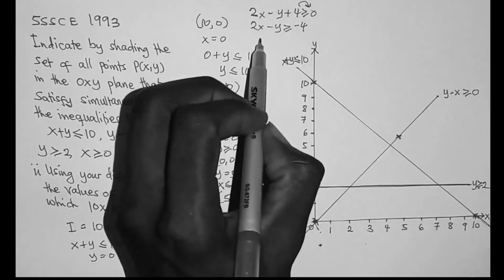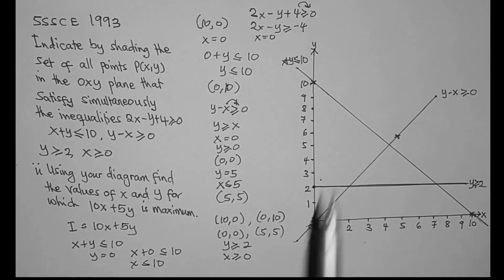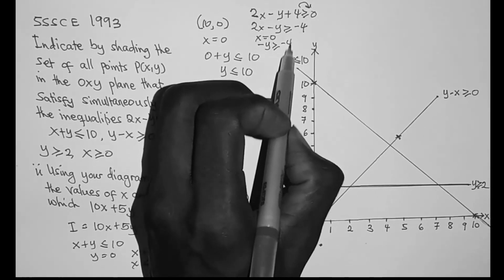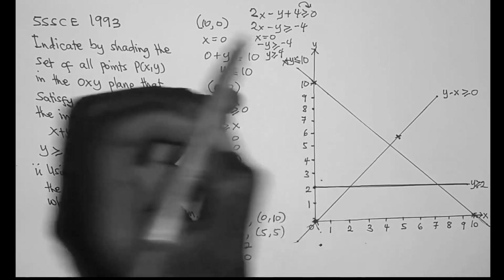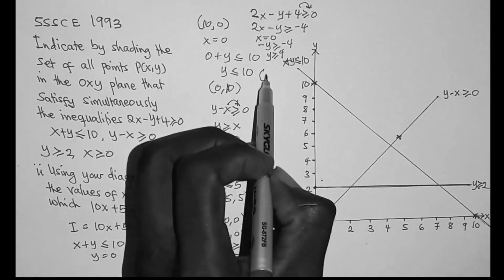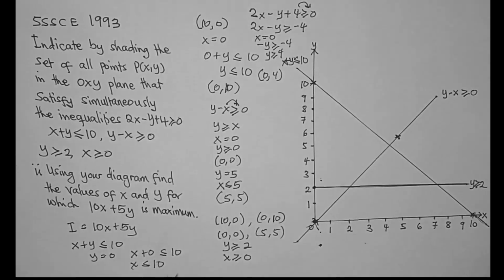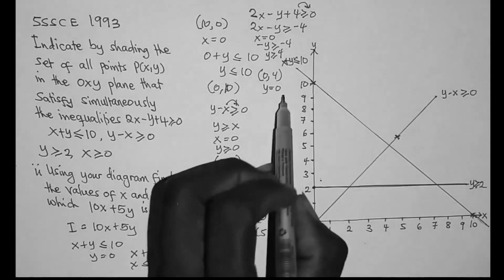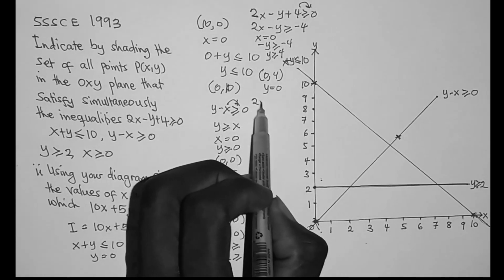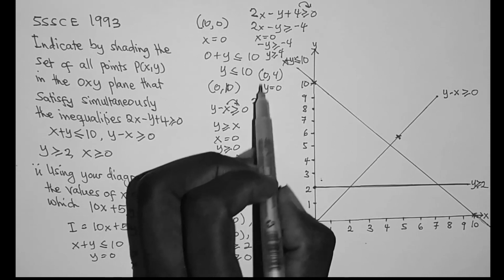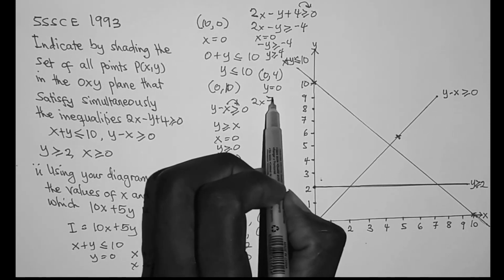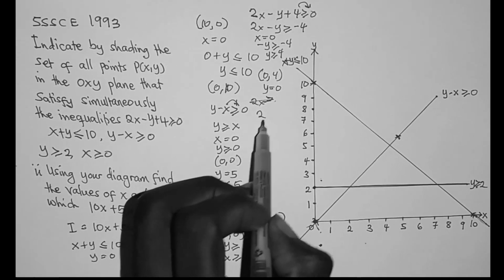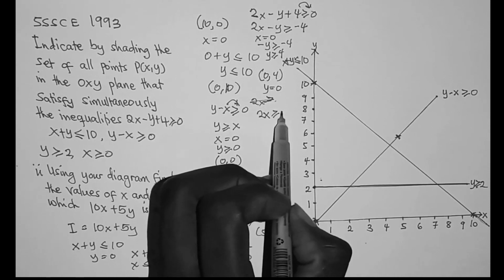Let's put x equals 0 into the inequality. We then have minus y greater than or equal to minus 4, so y is less than or equal to 4. Therefore, one of the coordinates is 0, 4. Then let's put y equals 0. We get 2x is greater than or equal to minus 4.